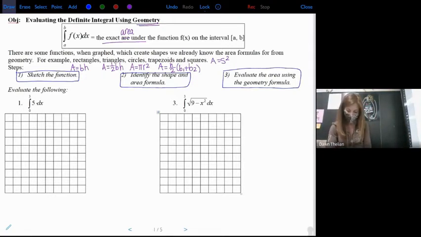We've got the function f of x equals the constant 5 on the interval from 0 to 3. I get that by looking at the integral from 0 to 3: whatever is in between the integral symbol and the dx, that's our function. So if we sketch this, let's draw in an x and y axis.